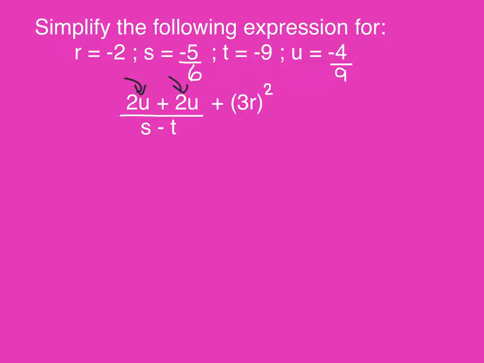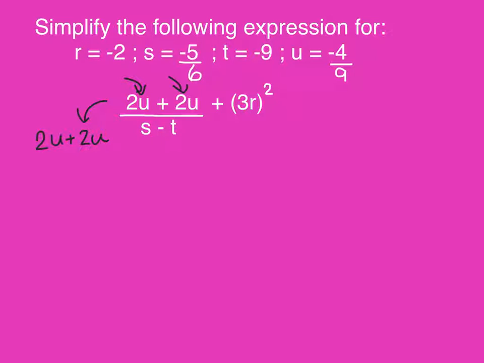There together we've got 2u plus 2u. Now, of course, we can simply substitute into it the way that it is. However, we should notice that both of these are the same variable. So this is kind of like thinking about objects, if you will. If I had 2 chairs plus 2 chairs, I would have 4 chairs.